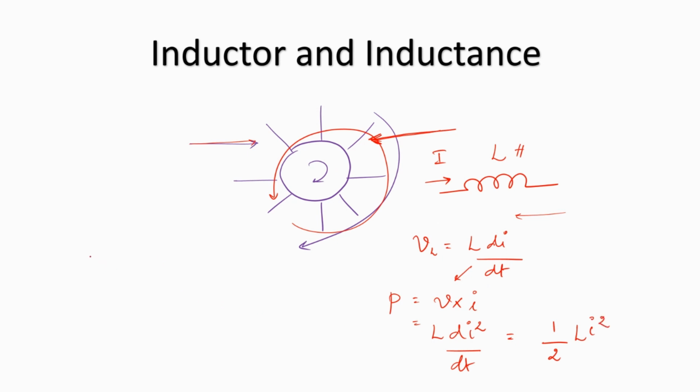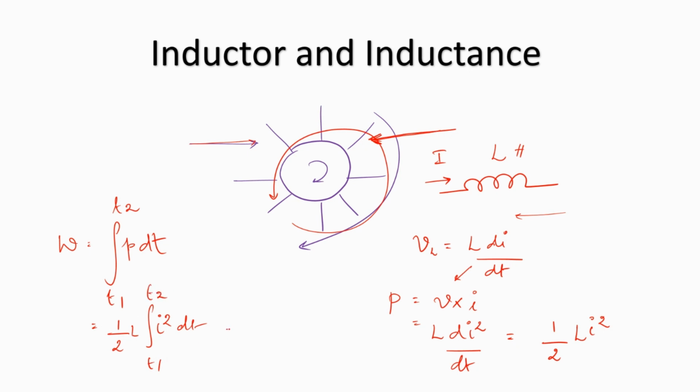Now we can draw the energy relationship from this too. We can say that the energy, say W, is the integration of the power over time from say time t1 to t2. That is nothing but the integral of d by dt of half L I square, dt, from t1 to t2.